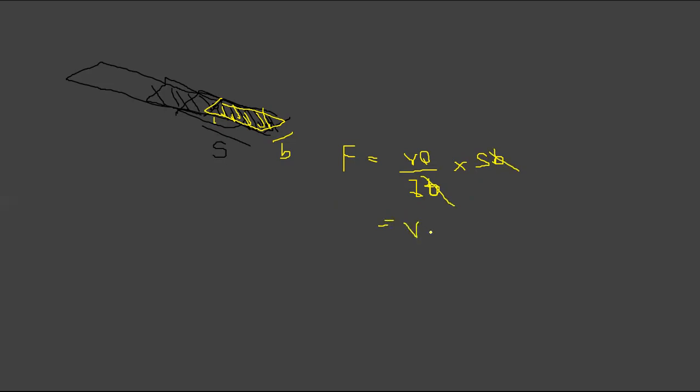So VQ over I. What is this? This is called the shear flow, right? So that's going to be F over S, right? So this is the allowable force of a nail, divided by the spacing. So that we can calculate the shear flow of the section at that location.